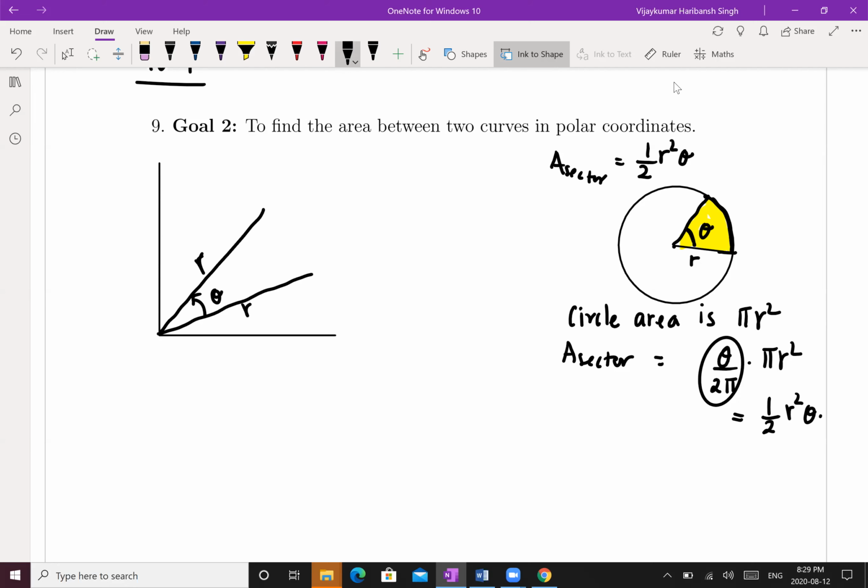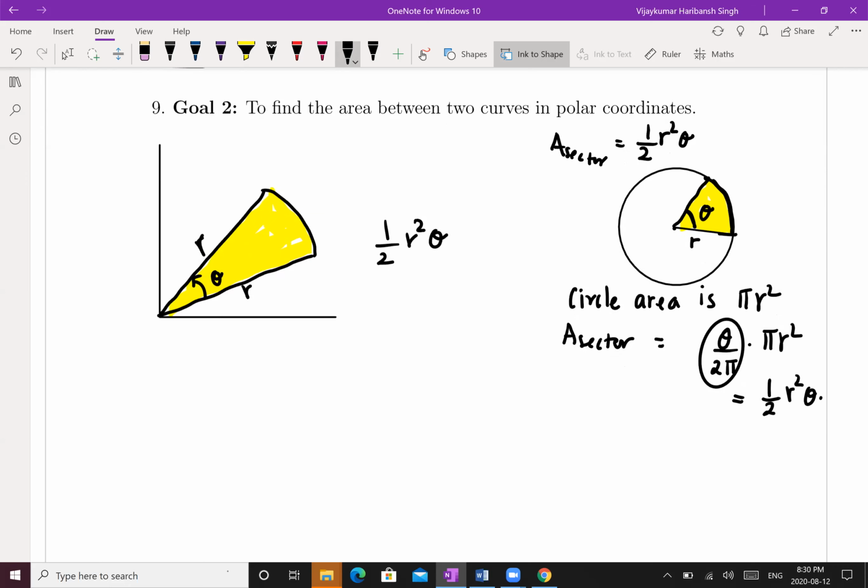And in that case, the area of this shaded region, if this angle is theta, following the same logic, is going to be half r squared theta.